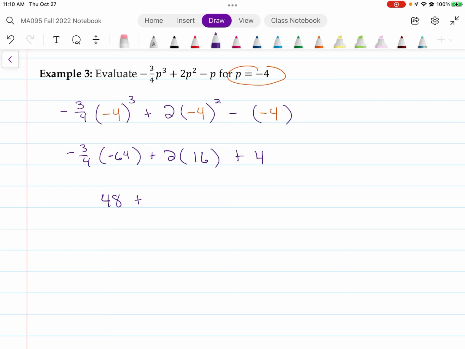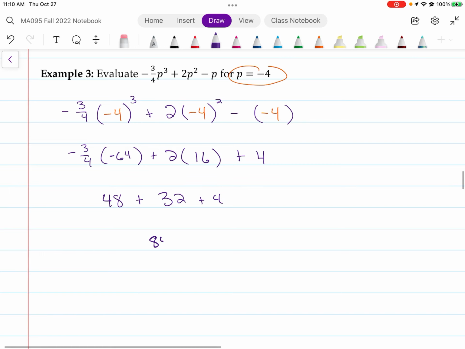Plus 2 times 16 is 32, plus 4. Now, if this is something that's hard for you, using fractions, just use your calculator on that one. All right, so now we're just going to go left to right. There's no negatives, so you can go in any order, really, and you're going to get 84.